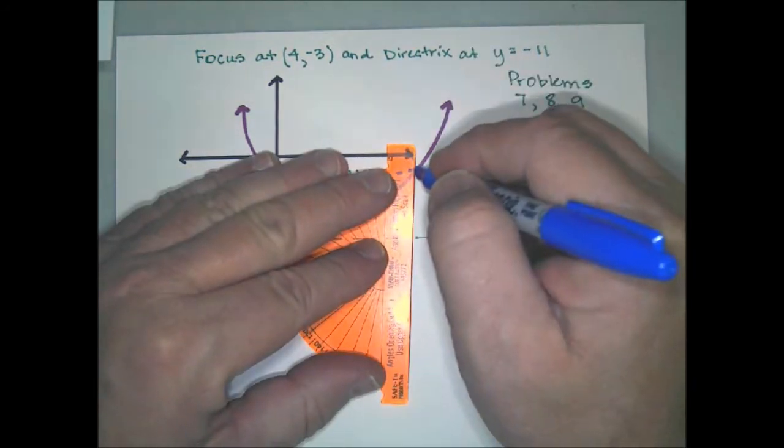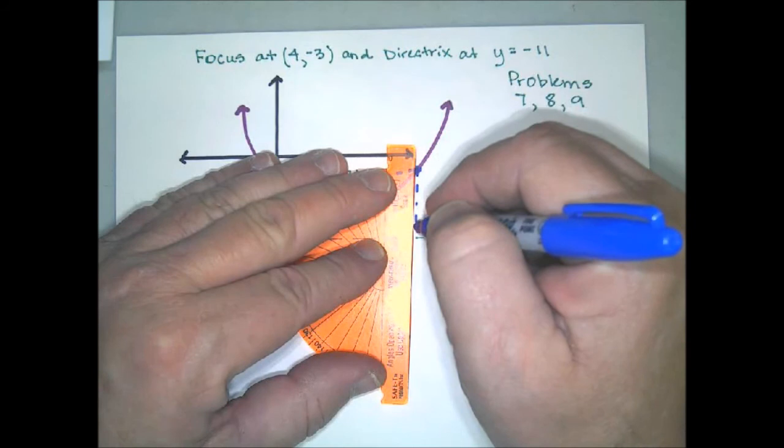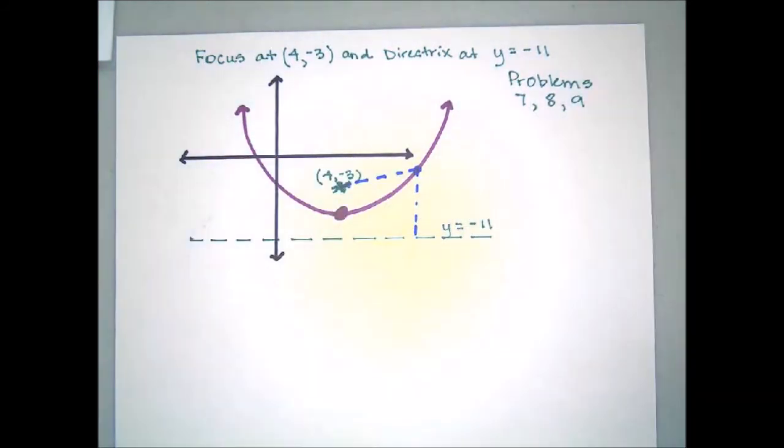Those 2 distances are equal. And that's what we're going to use to help us figure out the equation of this parabola.